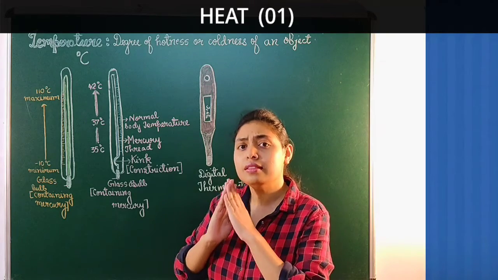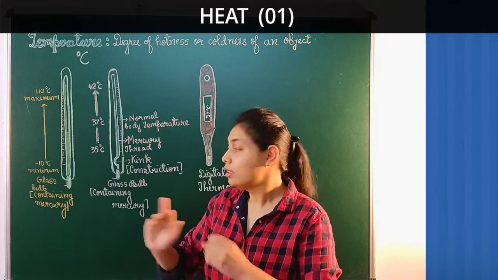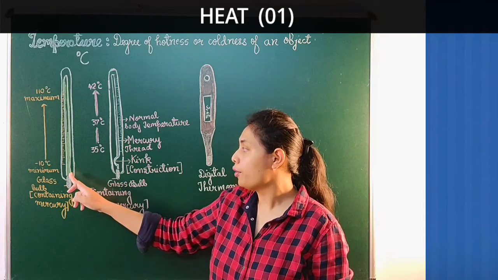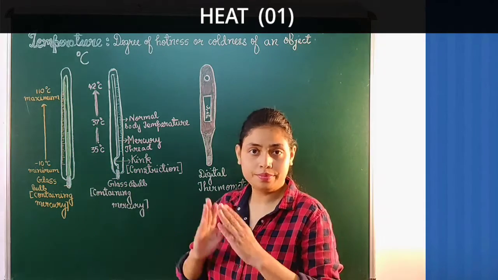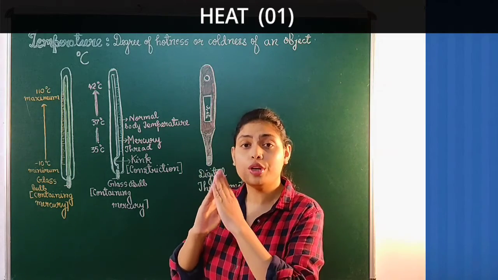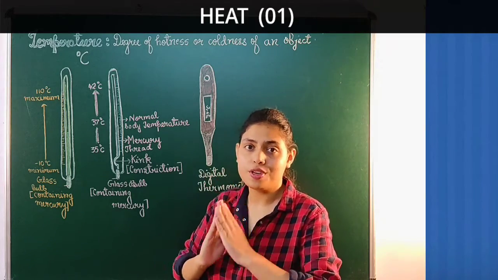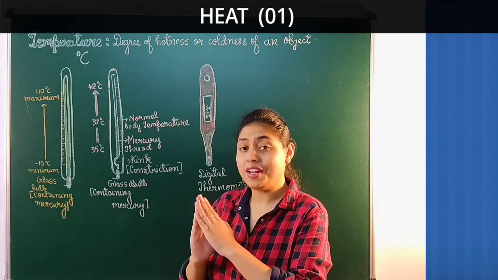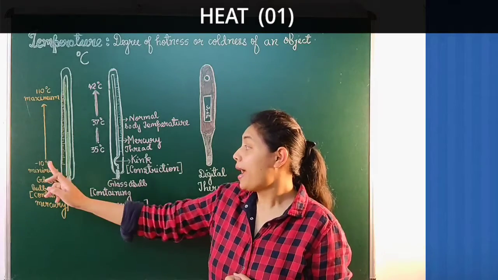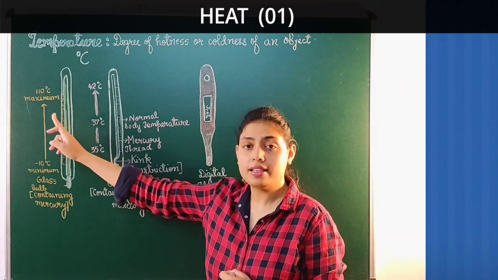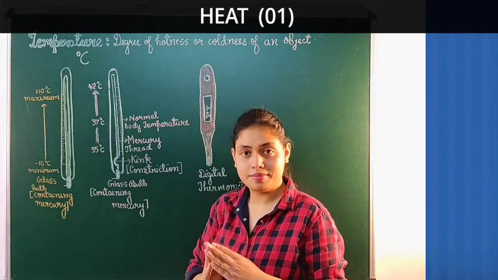It has a thin column also known as mercury column or mercury thread, in which the mercury rises to record the temperature of the substance. The range of the laboratory thermometer is generally from -10 degrees Celsius to maximum 110 degrees Celsius.